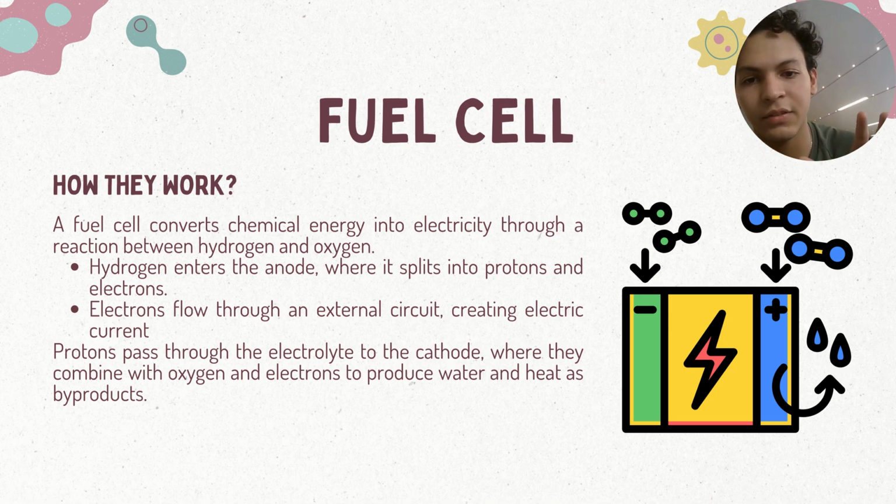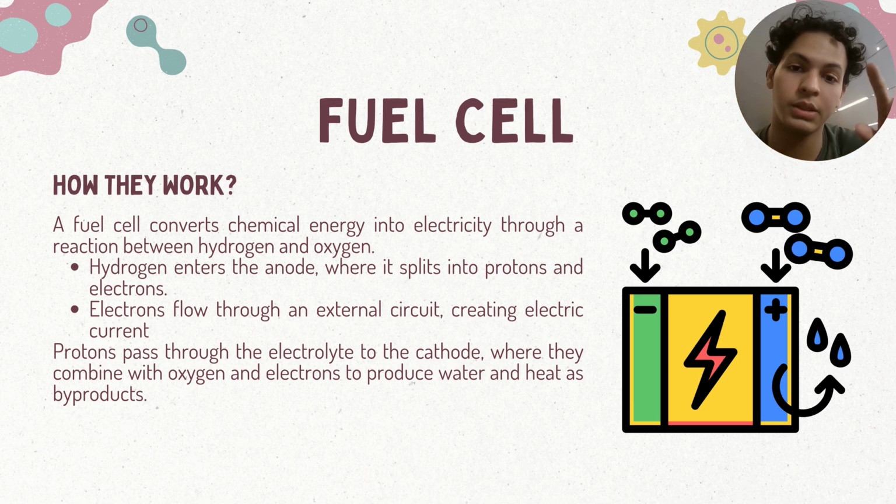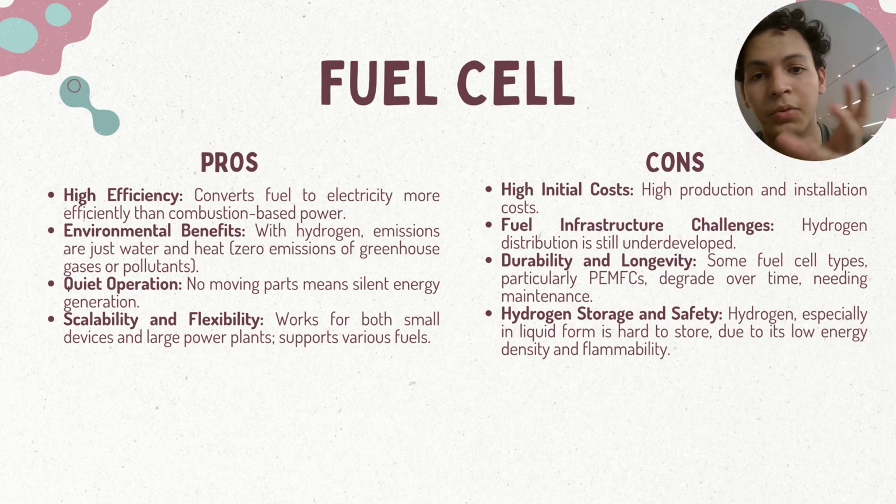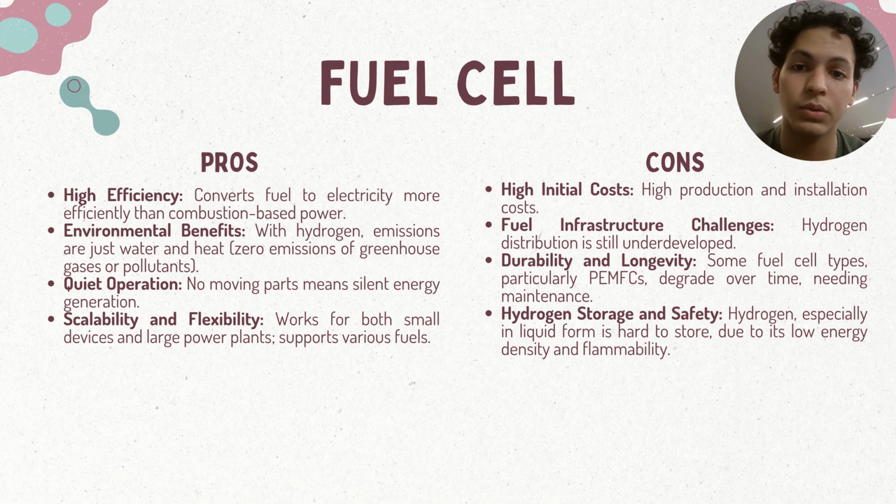The electrons flow through an external circuit, creating an electric current. Protons pass through the electrolyte to the cathode, where they combine with oxygen and electrons to produce water and heat as byproducts. So now I'm going to talk about the pros and the cons of the fuel cell.